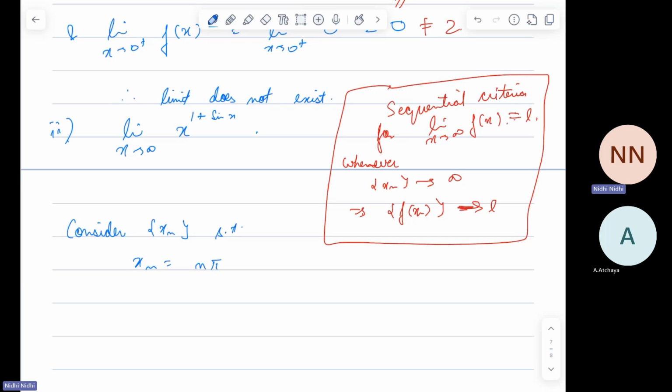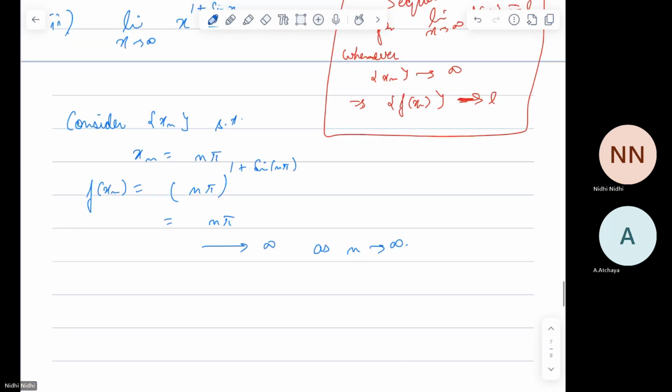In this case, what will be our f(xn)? f(xn) will be n pi to the power 1 plus sine n pi. Now since sine n pi is always 0 for all natural n, this will be just n pi. And we know that this will go to infinity as n tends to infinity.